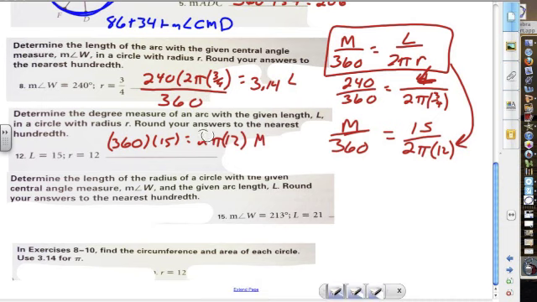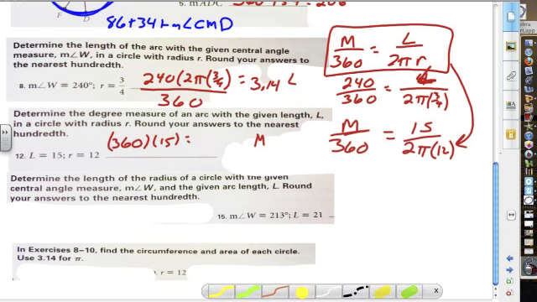Well, again, if I divide by the 2 pi, 2 times pi times 12, I will get my m. So 360 times 15 divided by, I'm going to put parentheses here, 2 times pi times 12.